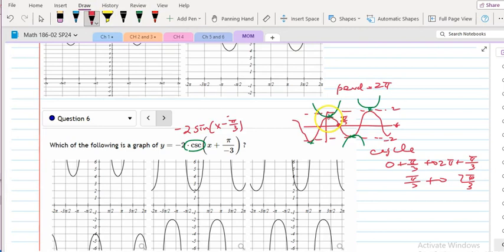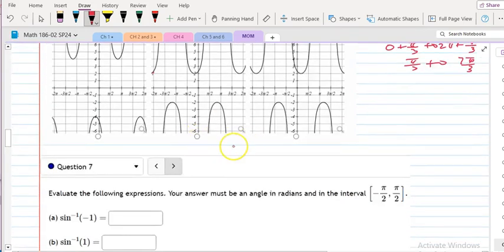This used to be pi, this used to be 0, but you shift pi over 3. Pi over 3 is 60 degrees, right? So the top of it should still be here. I think maybe it's this one.